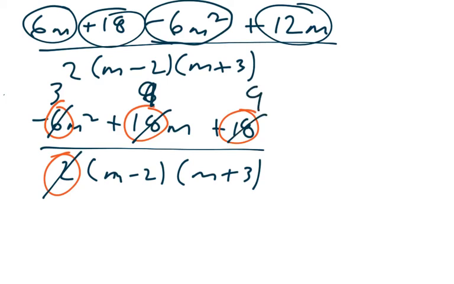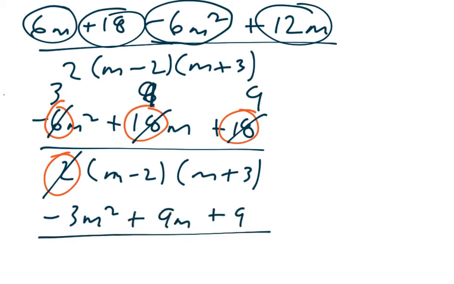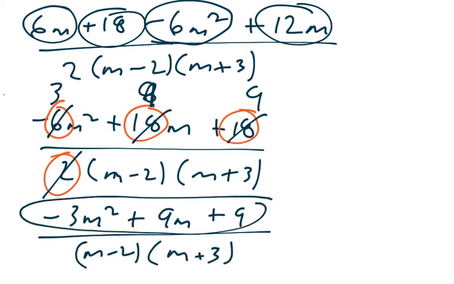So my final answer is negative 3m squared plus 9m plus 9 over m minus 2, m plus 3. Sometimes these values up here may be in a different order, guys. You have to be careful of that. But I'm pretty sure I have that one done correctly.